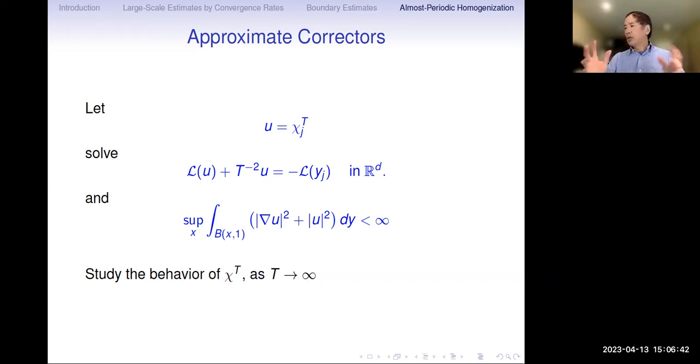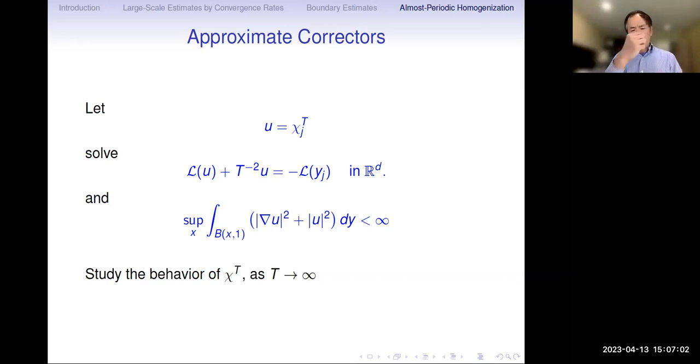But now you don't have a periodic function, you don't have a cell, and so the existence of the corrector is not even clear. And so the approach here is through introducing something called approximate correctors.